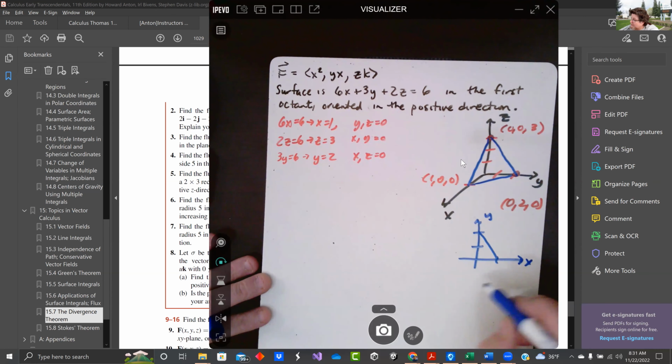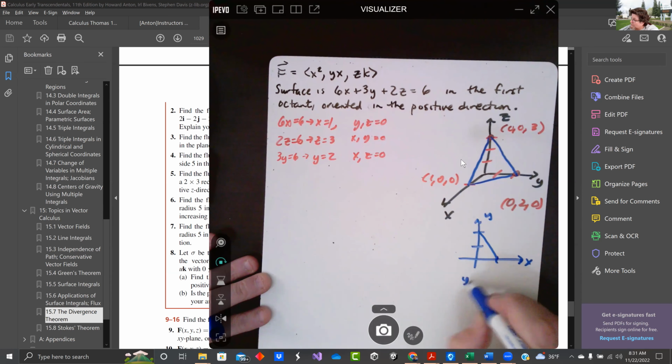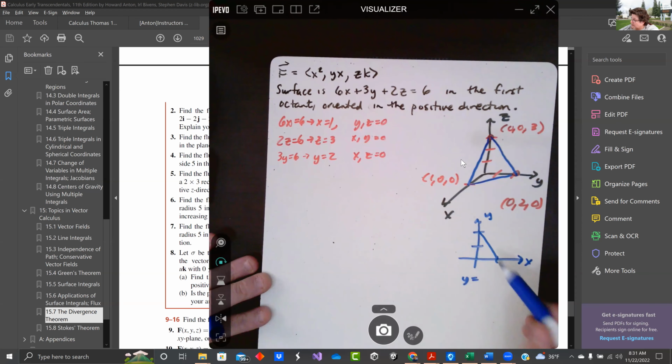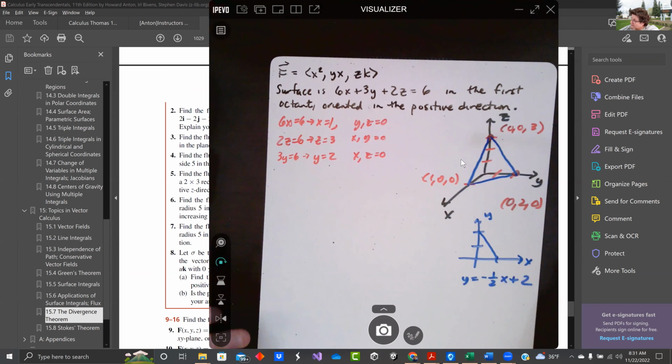So I've got y equals rise over run, which is -1/2 x plus 2. That's that line right there. That'll probably come in handy when we're doing boundaries. Clearly, we don't want to switch to polar or anything like that because it's not round.